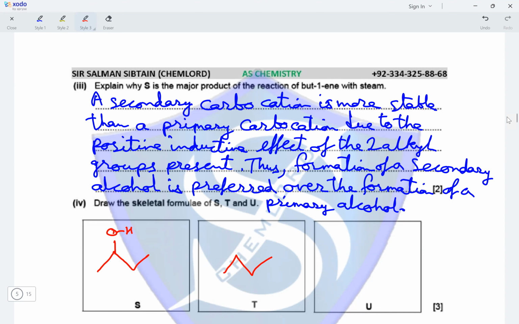So this would be four carbon atoms with an OH group present on the first carbon atom, and U is formed due to oxidation of S, and a secondary alcohol is oxidized to a ketone. And this reacts with aqueous alkaline iodine as stated in the question above. So this has got a methyl ketone group which is visible in the structure drawn in the box labeled U.